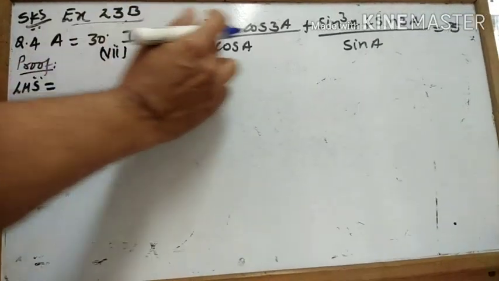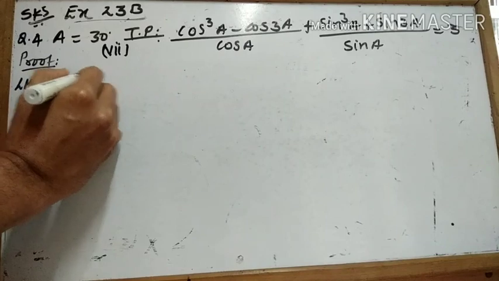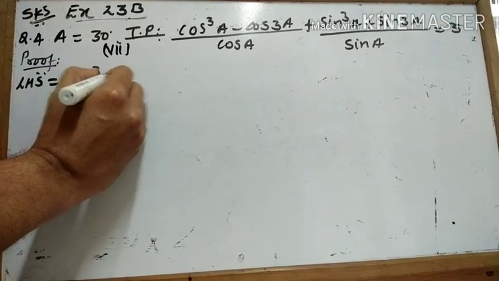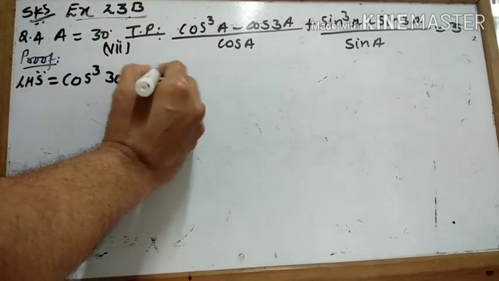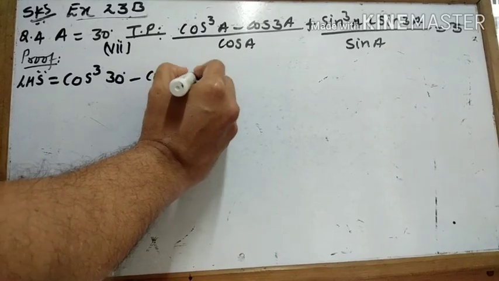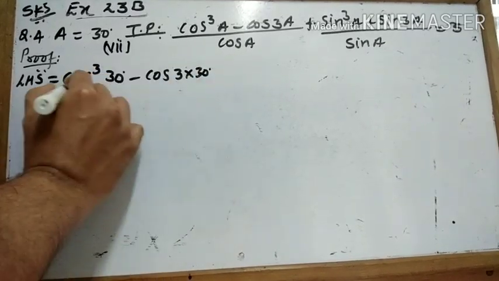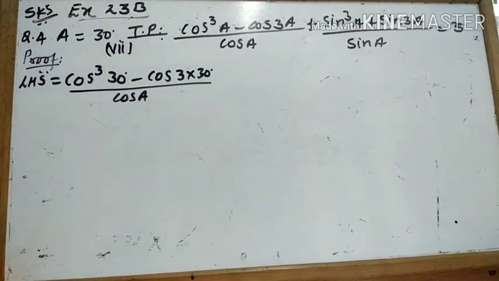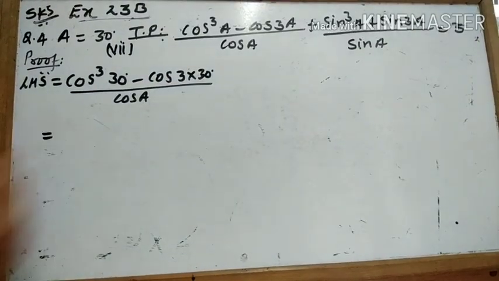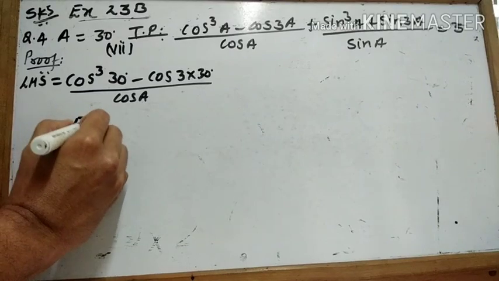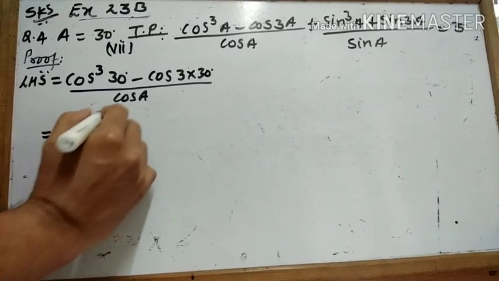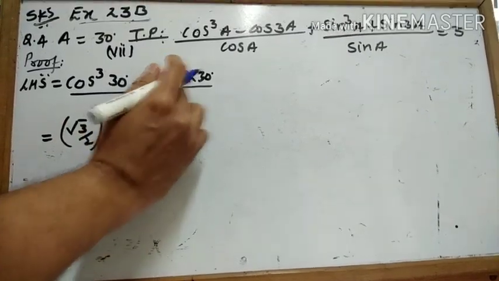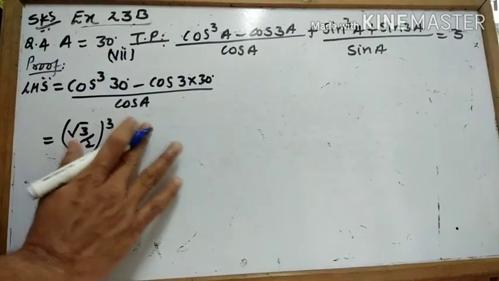First one says cos cube A, that is cos cube 30, minus cos 3A, that is cos of 3 into 30, over cos A. Now if you know the cos 30 value, it is root 3 over 2, the whole cube, minus cos of 3 into 30, which is 90.